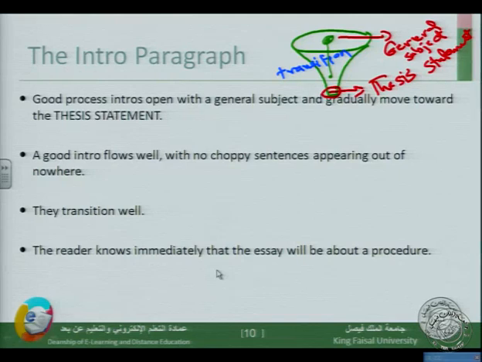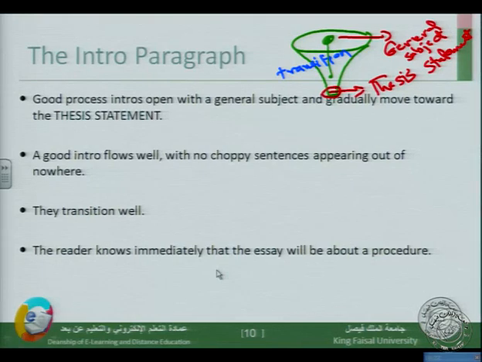So use the transitions well. Good paragraphs use transitions well. They transmit very well. The reader knows immediately that the essay will be about a procedure, will be about something.